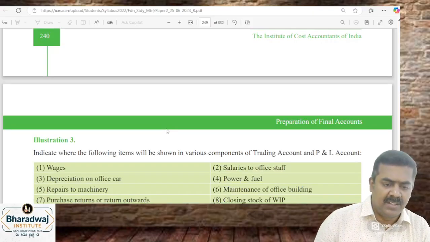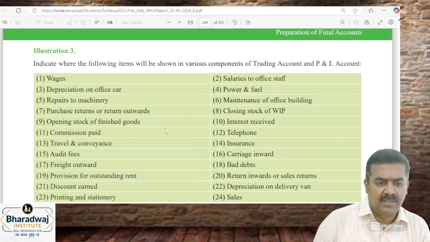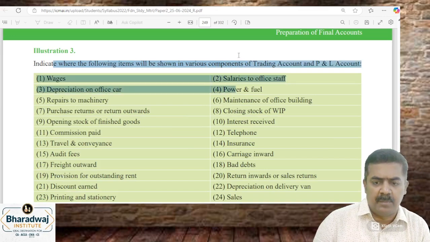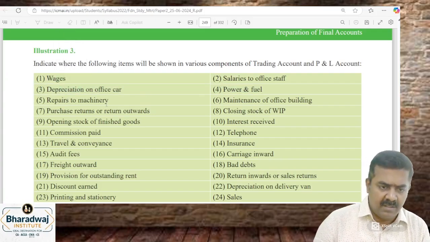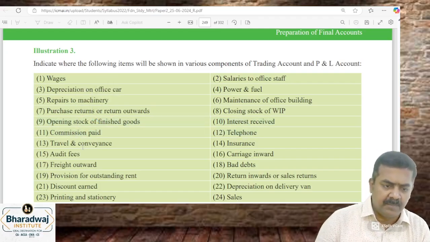Capital account. They would have given: which of the following items will come in trading P&L account? Wages, depreciation of the office car, repairs to machinery, purchase minus returns or sales minus returns, purchase: trading account. Opening stock of finished goods, commission paid: P&L account. Travel and conveyance: P&L. Audit fees: P&L.